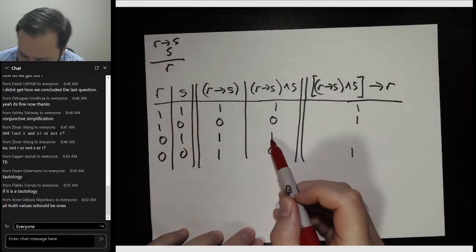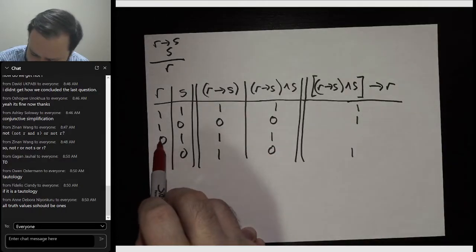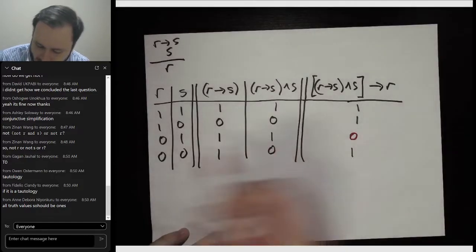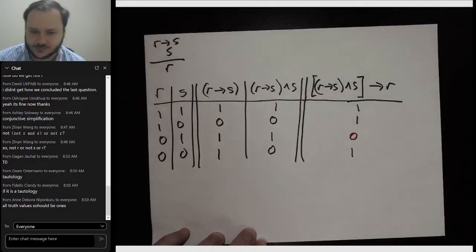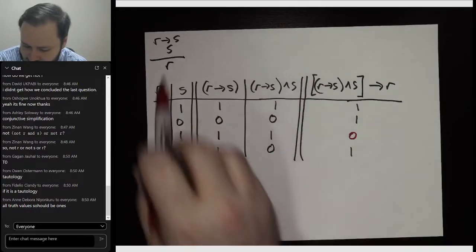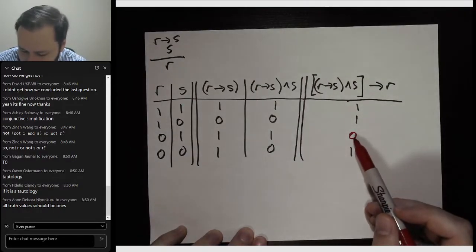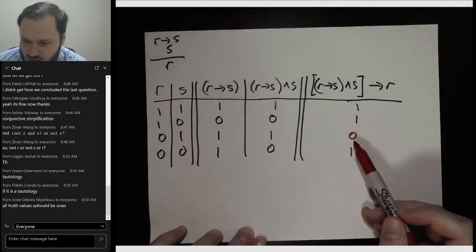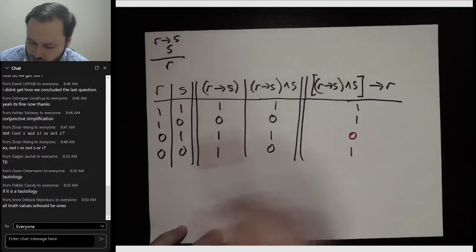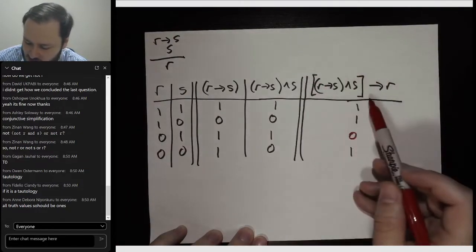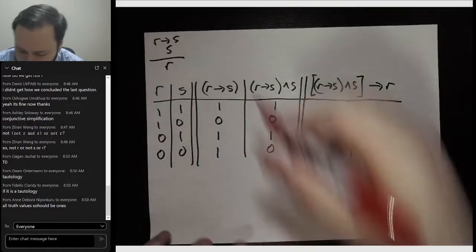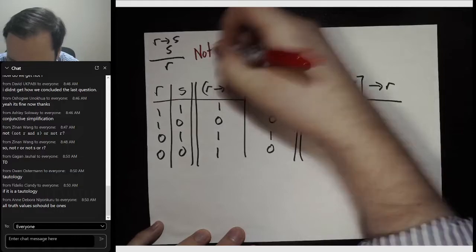Here we have 1 implies 0, and that's false. True cannot imply false. So by looking at the truth table, this is not a tautology. There is a case where this is false. If R is false and S is true, we get false out of this truth value. So this is not a tautology. It's not valid. It's not a valid argument.